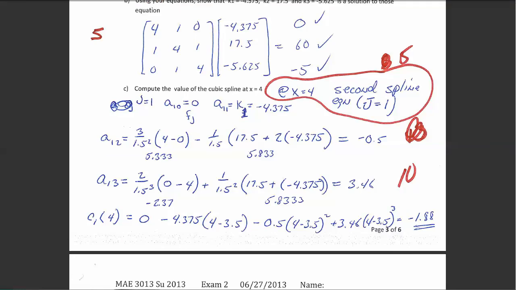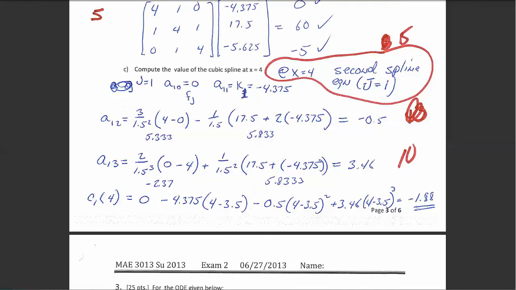A12 is 3 over h squared, 4 minus 0, and then minus 1 over h times this blending of the points. And here's the A13 equation. Go look it up. I now have my 4 coefficients, A10, 11, 12, and 13, having values 0, minus 4.375, minus 0.5, and positive 3.46.